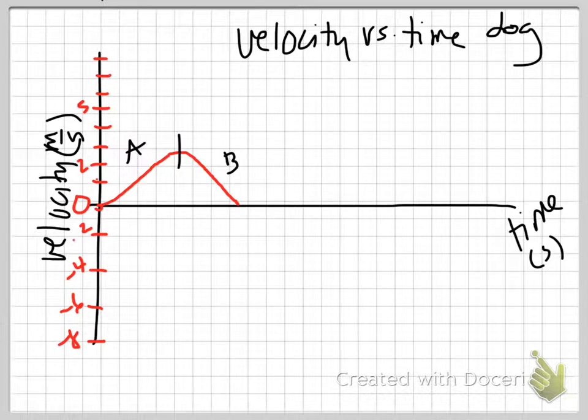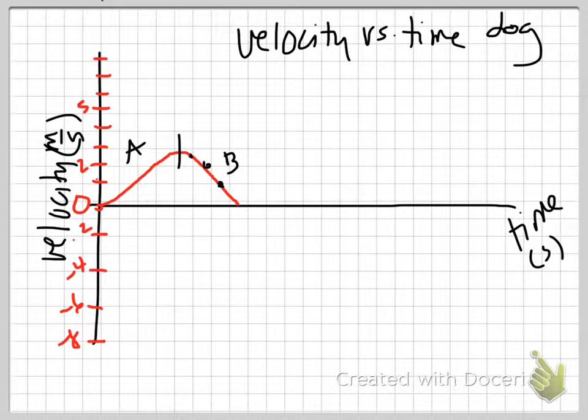We can look at the y value for any point on this line, and because the y-axis is our velocity, if our y value is a positive number, you have a positive velocity. In portion B of the line, is the acceleration positive or negative? Negative. It's got a negative slope. What's happening to the object? Slowing down.